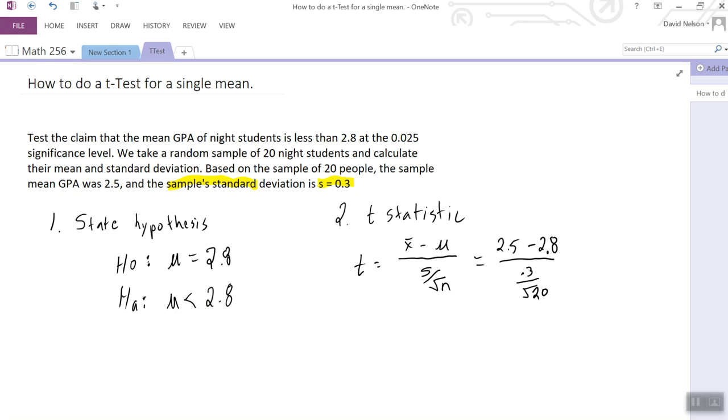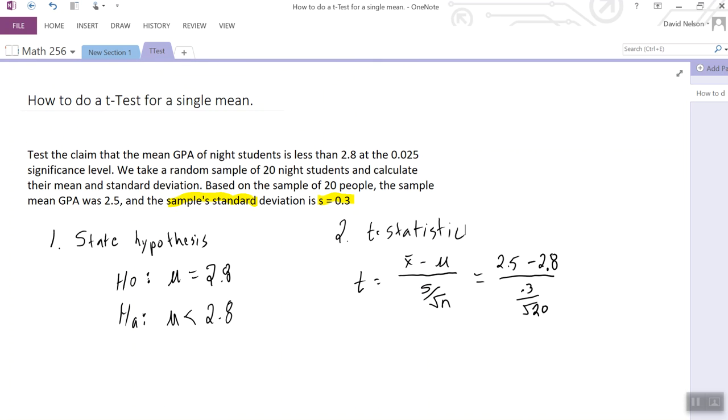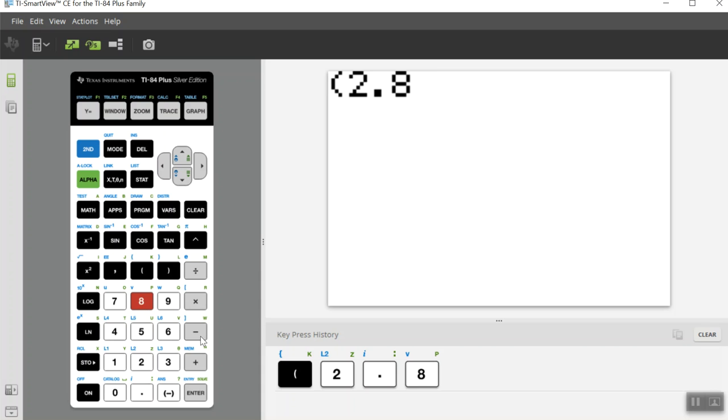Okay, and so we need to calculate that on our calculator. So let me switch over to my calculator here. Where is my, it's not letting me, hang on just a second. Okay, there's our calculator. And so we want to do x bar minus mu. That was a 2.8 minus 2.5.